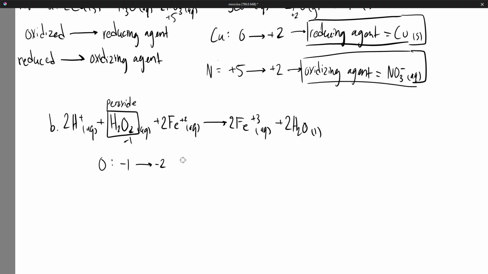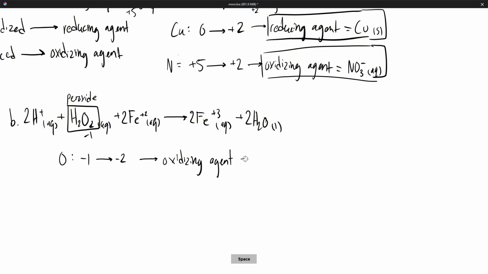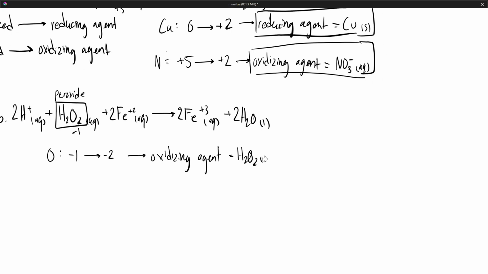So this means it's being reduced. So it's the oxidizing agent. But not just oxygen though. The oxidizing agent is peroxide. So we put the H2O2 instead of just H or, I mean, like that.